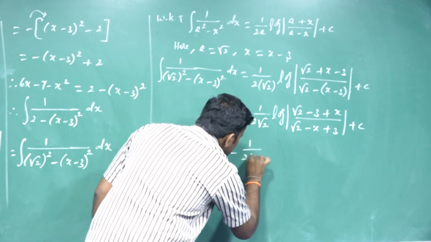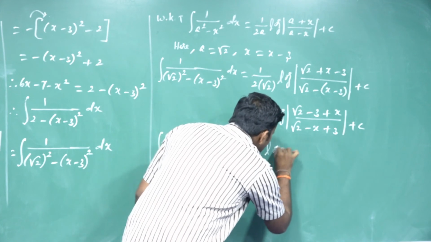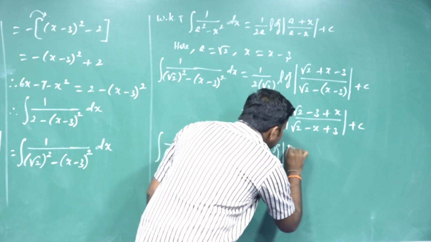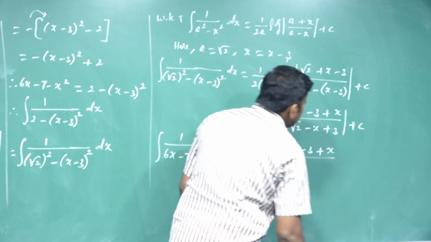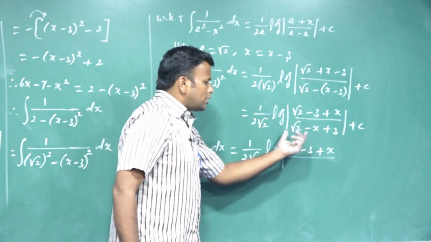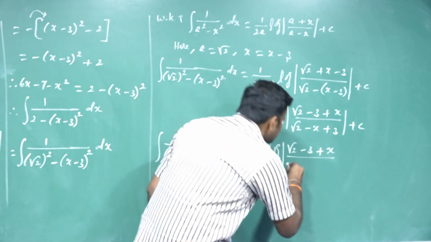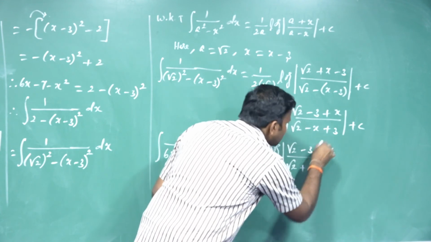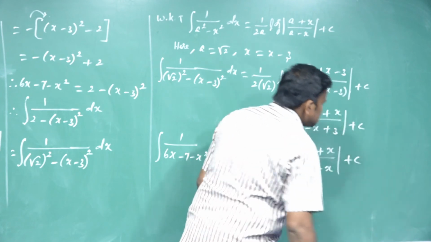It is 1 by 2 root 2 log of root 2 minus 3 plus x. In the denominator also, for our convenience, I first write the constant and then the variable: root 2 plus 3 minus x, plus c.